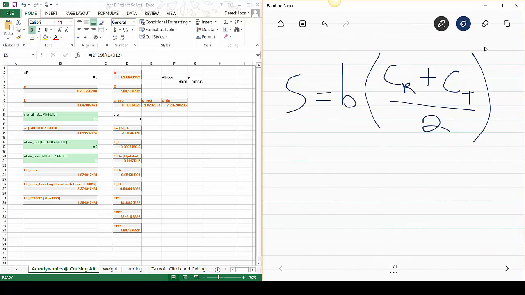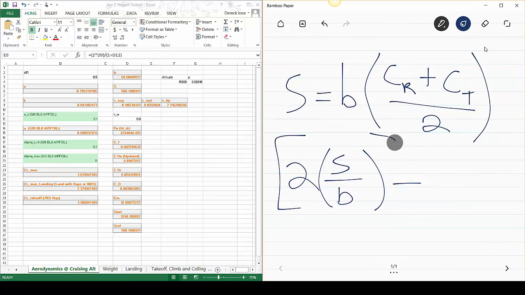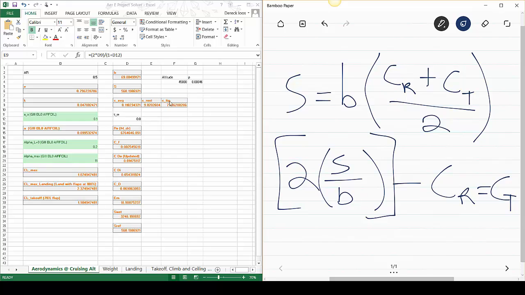And when we simplify that and rearrange it, it actually comes out to 2 times the area divided by the span minus the root chord equals the tip chord. And as you can see right here, the tip chord is noted by 2 times S divided by B minus the root chord.